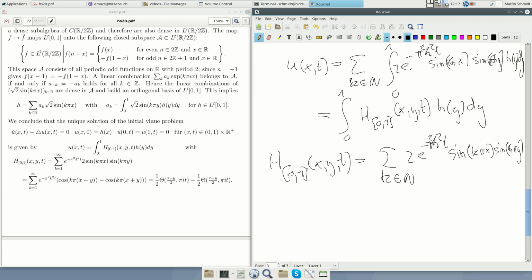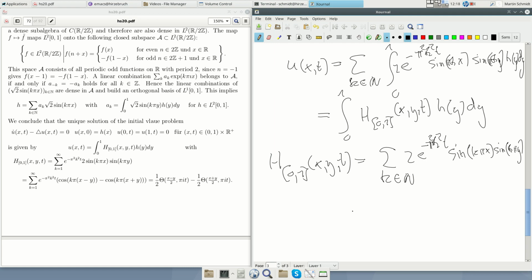Here this is exponential of minus eigenvalue times t. This is the eigenvalue. So this is exactly of this form, and it clearly vanishes at the boundary. One sees this immediately. So this is really the heat kernel.